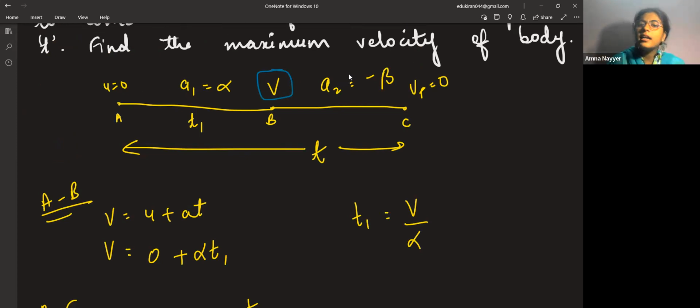Sarah, can you tell me what will be the initial velocity for just BC, not the entire? In A to B, we had U as 0. What will be the value of U from B to C?